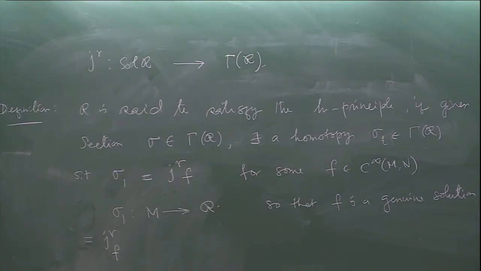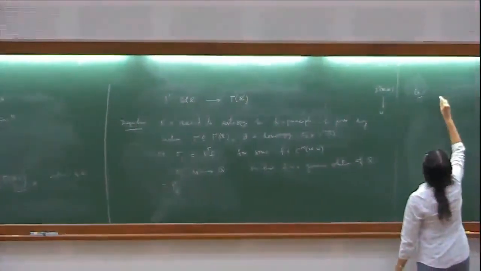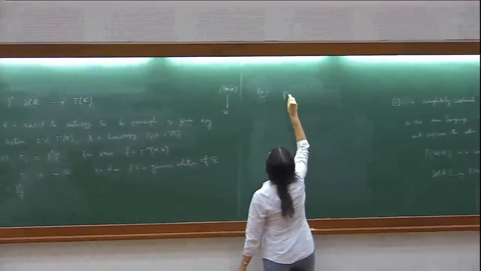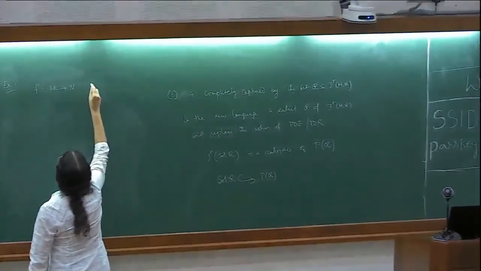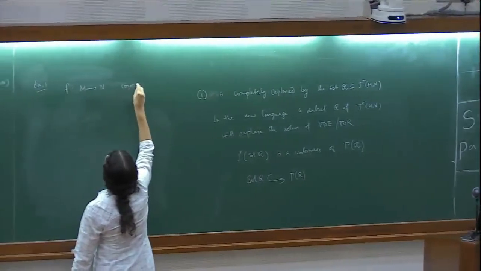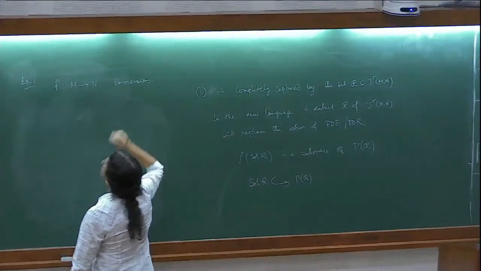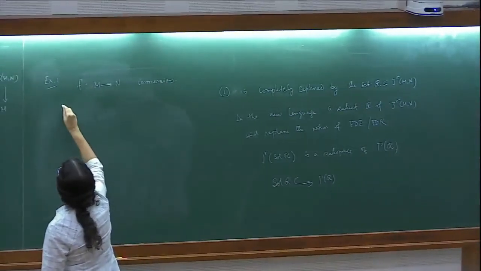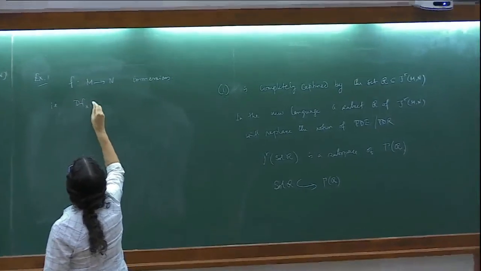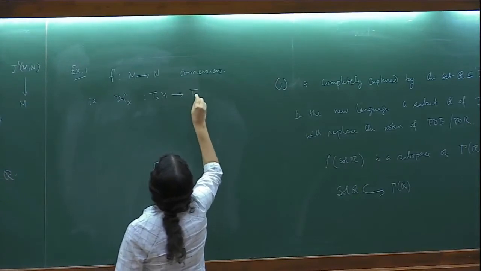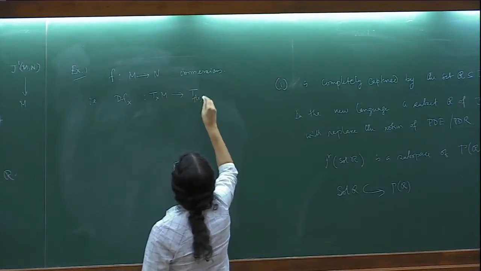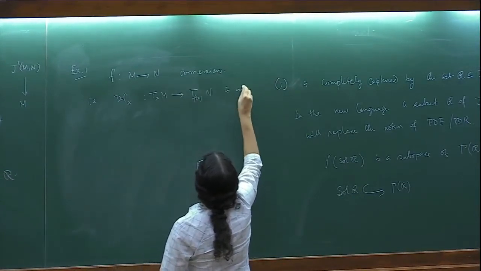So again, I have already mentioned these things. Example 1, say I consider f from M to N. Suppose I consider immersions. So that means the derivative of f at x is injective.